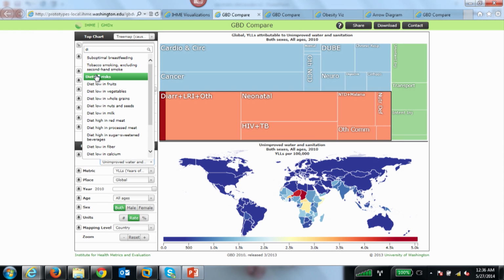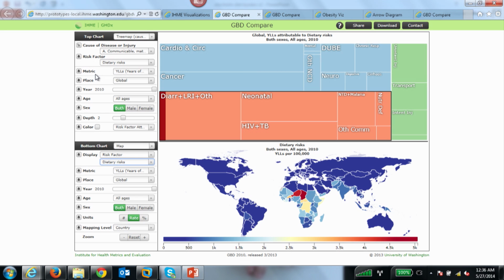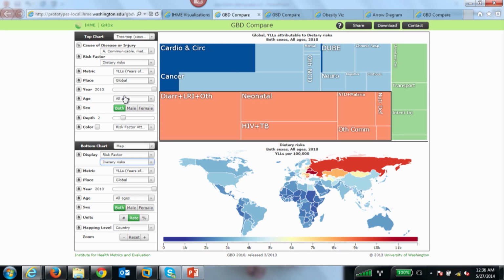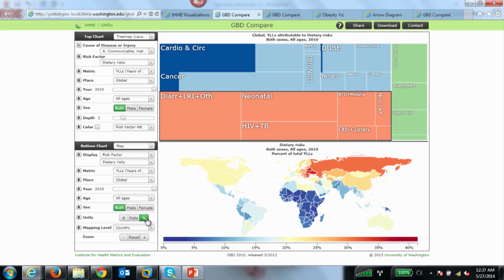And you'll see on the bottom the fraction or the rate of diet around the world, and let's look at it as a percent by country. And you'll see that diet is a huge fraction of burden in all the high-income developed countries, 30 to 40%. And it's only in the poorest countries where they don't yet have transitioned into a lot of chronic disease that diet isn't a major factor.